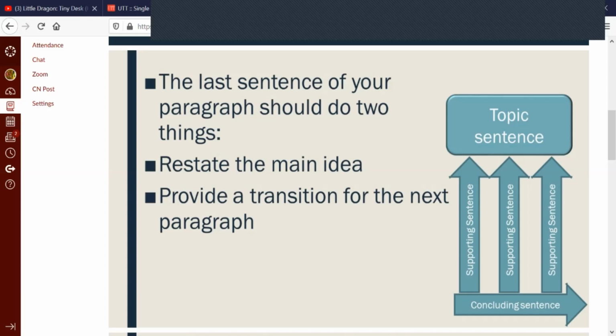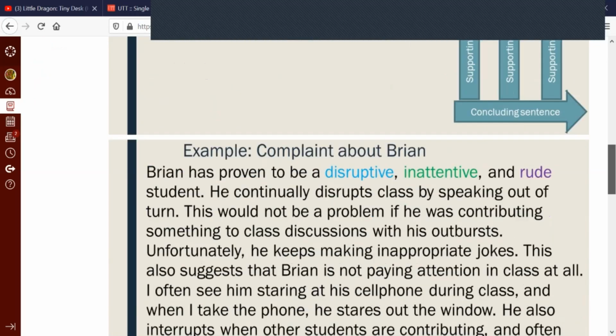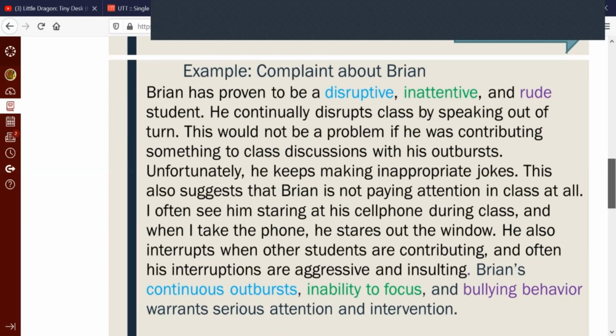So you want your concluding sentence to restate your main idea, but in different words. So if we go back to our example, Brian has proven to be a disruptive, inattentive, and rude student. And in the clincher sentence on the bottom, Brian's continuous outbursts, so continuous outbursts match disruptive, inability to focus matches inattention, and bullying behavior matches rude, warrants serious attention and intervention.